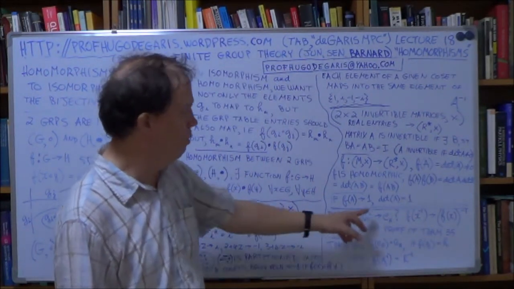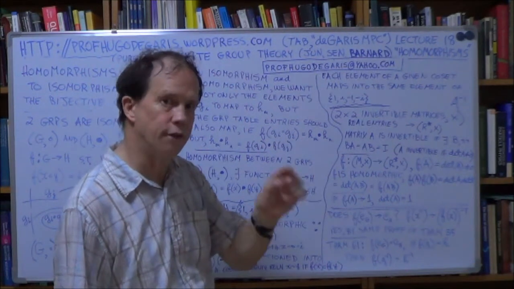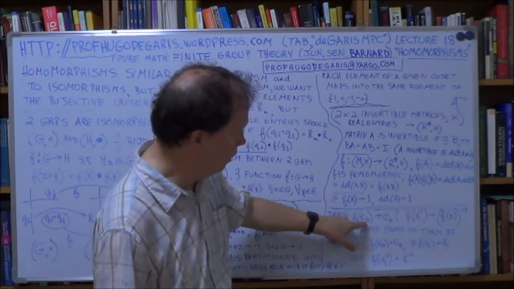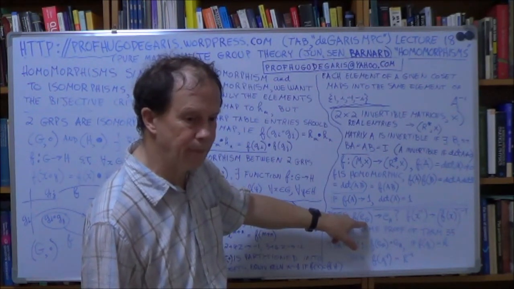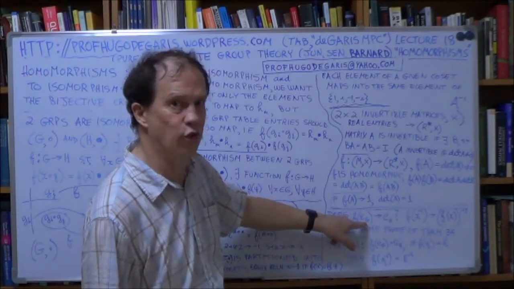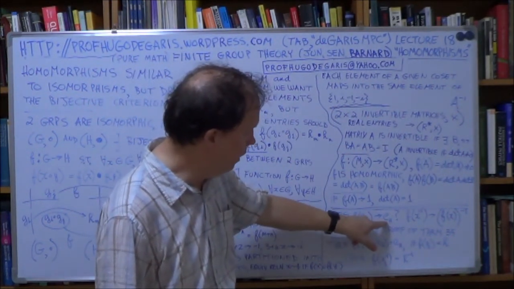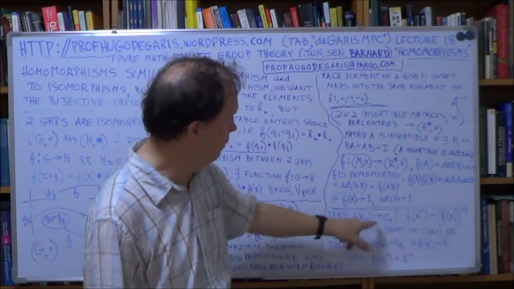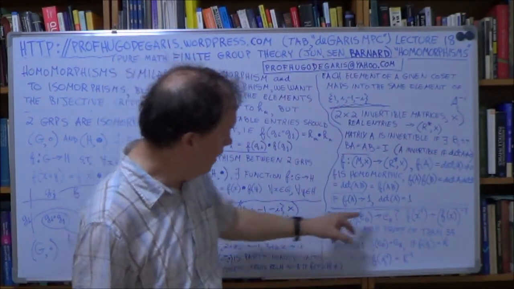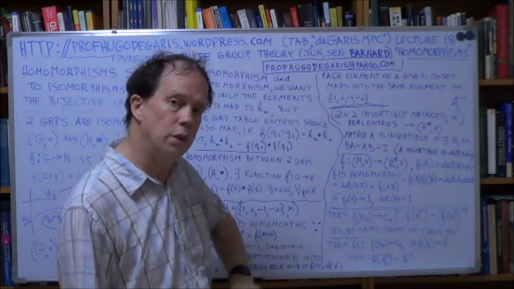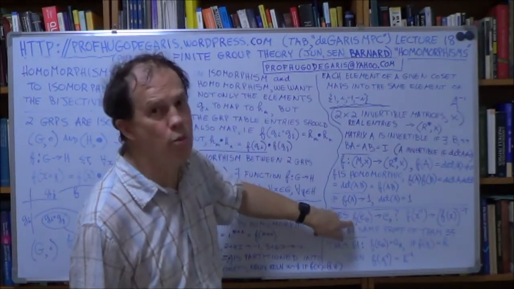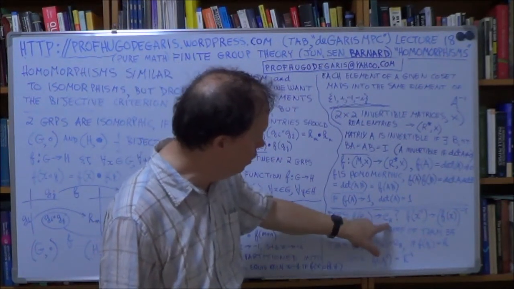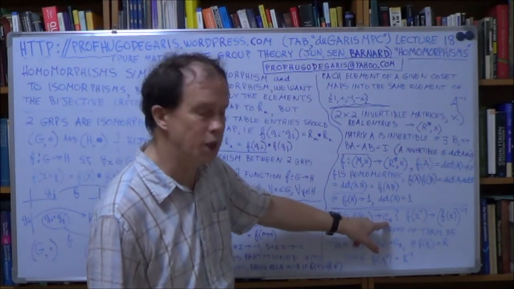If you map the unit in your domain, your starting group, you will get the unit in your codomain, your target group. So the same question for homomorphism: if f is a homomorphic function, will it still map the unit of G into the unit of H?